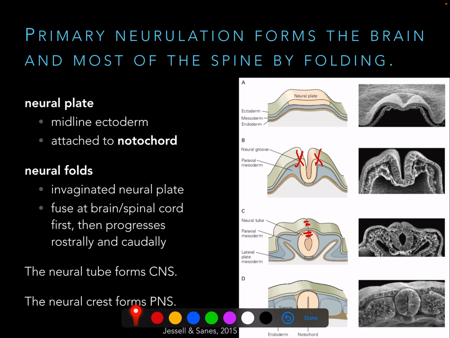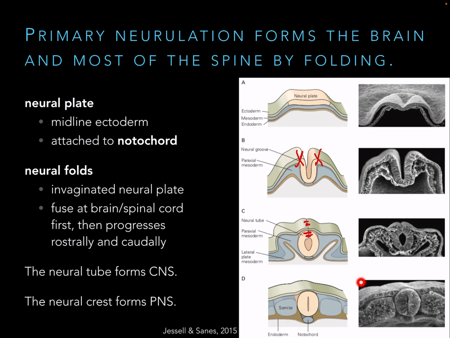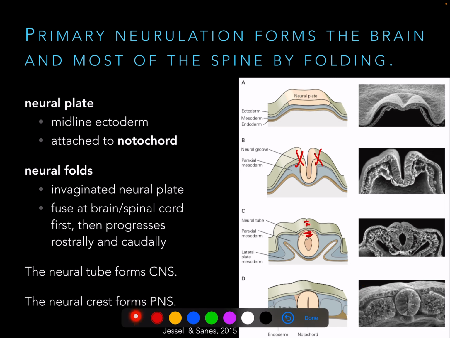If you like electron micrographs, here's what it actually looks like. I think the cartoon does a pretty good job of explaining it. So the way that we fold over is by cell division and growth, and those migrating, growing cells move toward the midline. And to hold us in place, the notochord here anchors itself to the overlying neural plate.